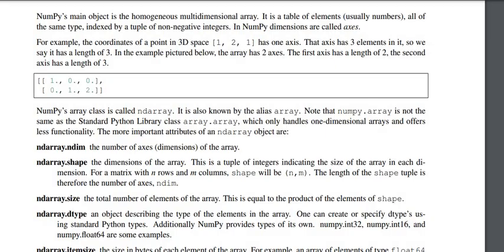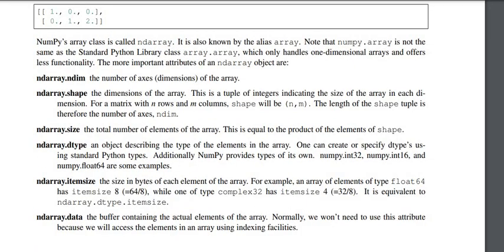NumPy provides numpy.int32, int16, float64, and so on. dtype describes the type of the elements in the array.